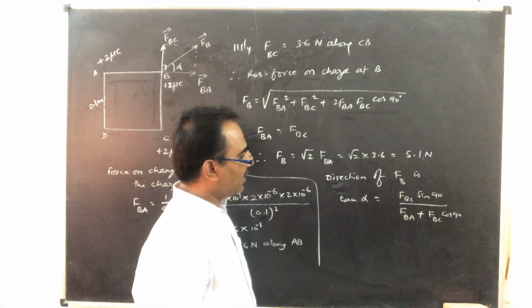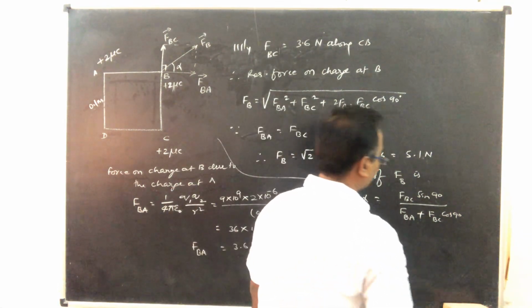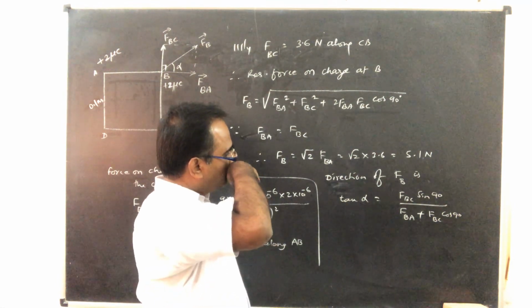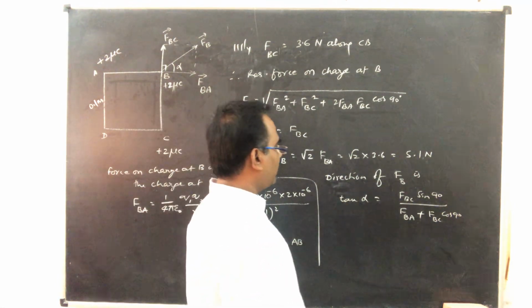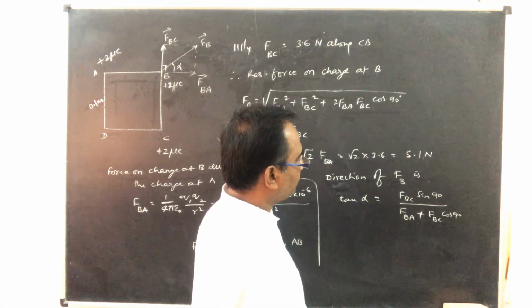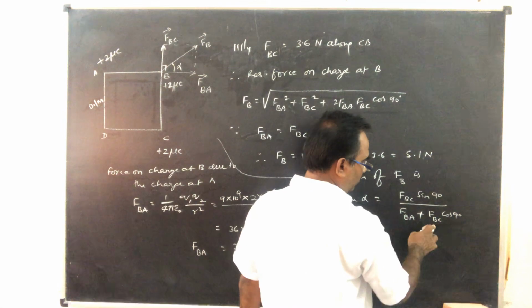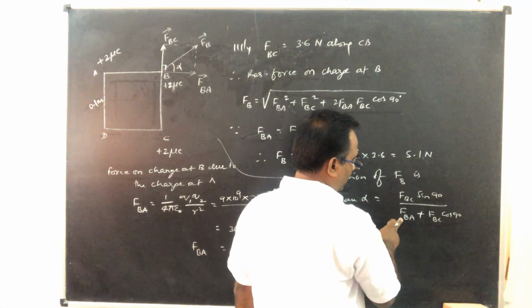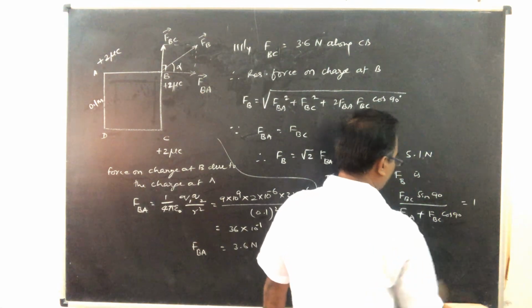So if you do this calculation, this tan alpha comes to be 1, because this term cos 90 is 0, sin 90 is 1, and FBA is equal to FBC, therefore it becomes equal to 1.